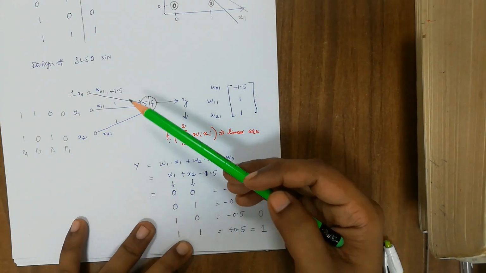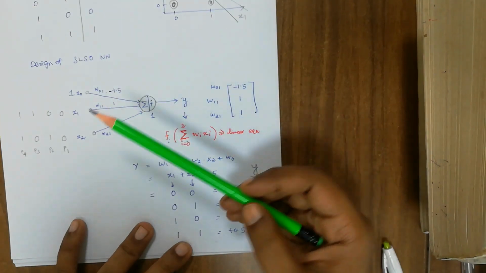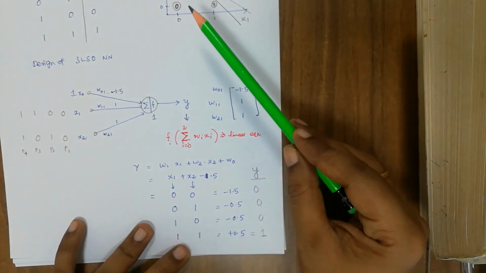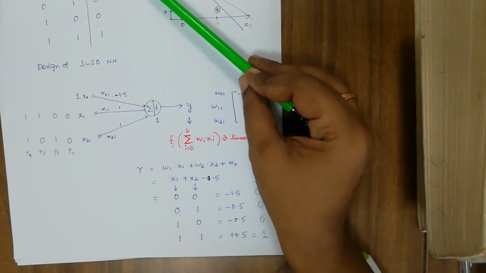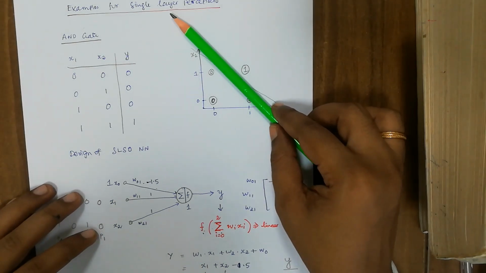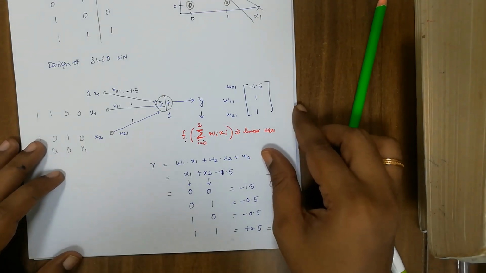Since multiple linear equations are possible, we can use different weight vectors which work well, or which are able to classify these output samples in the space correctly. So this is one example.